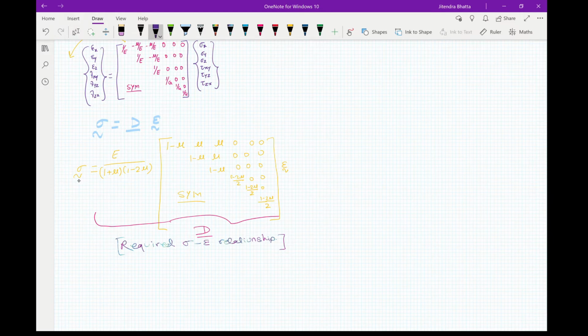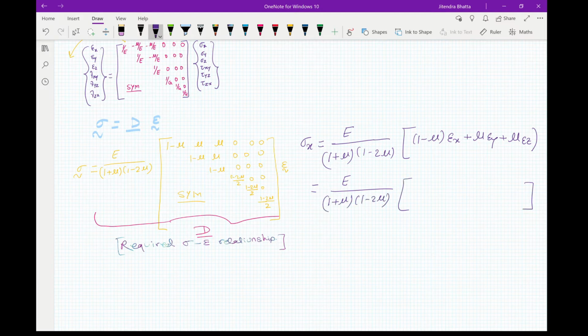When you open your first row, you can write this in this form. You open this, you can write your Ex, and then you will have minus mu Ex plus mu Ey plus mu Ez, and you can add one more term here, mu Ex, and subtract mu Ex.